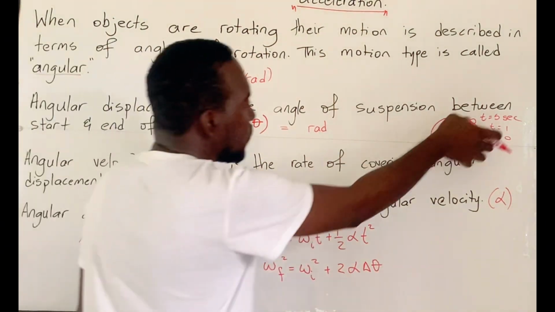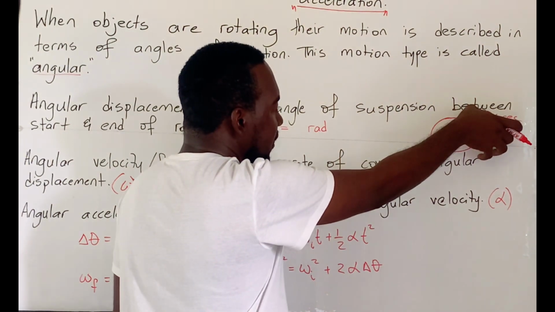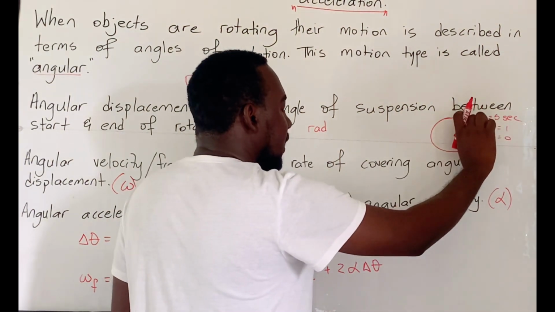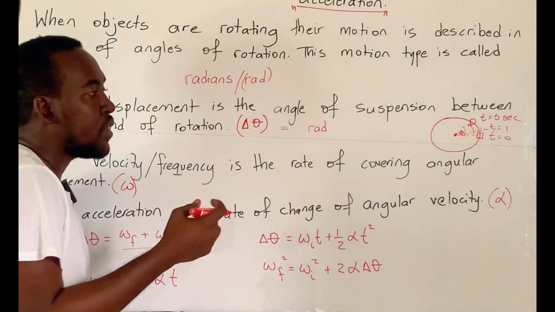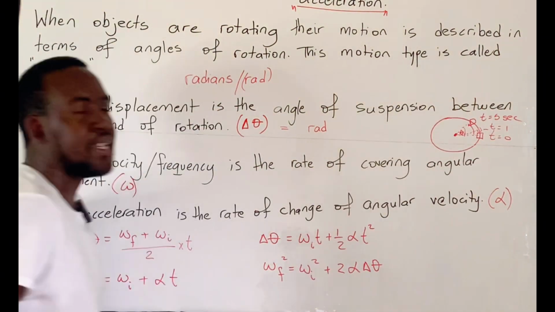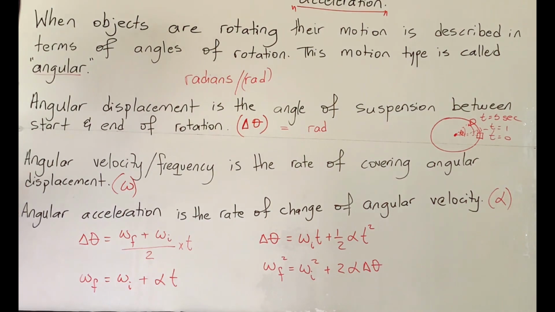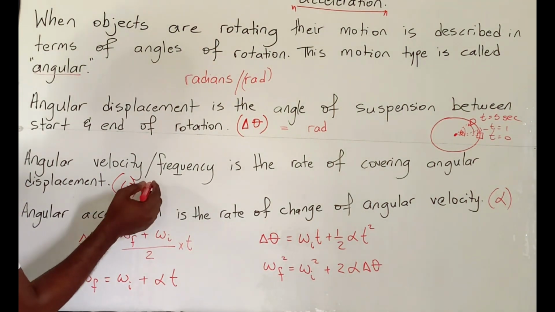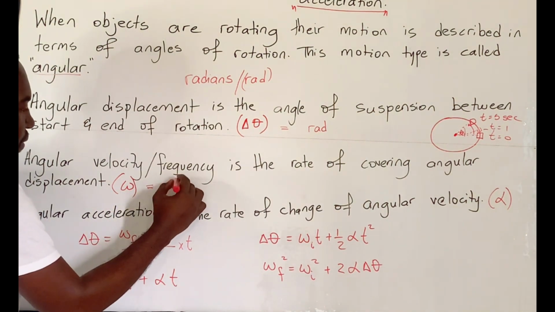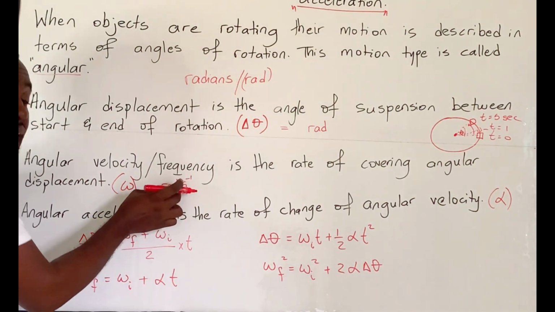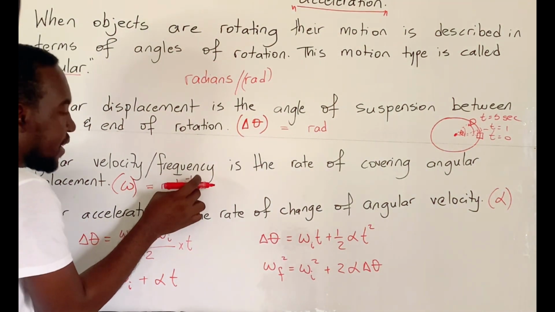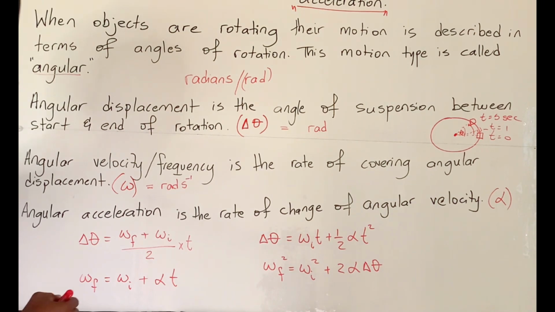So if it took 5 seconds to reach this point, it tells us how much individual small angle was created every second. That's what angular frequency or velocity is, and its unit is rad per second. So it tells us how much angle is subtended in every unit of time.